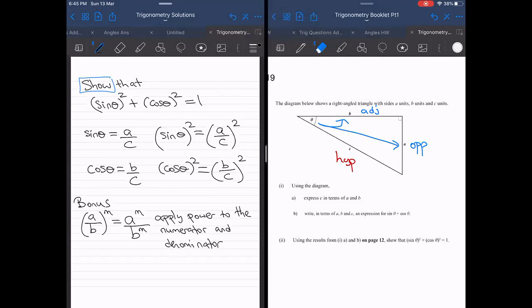So what do I mean by that? I'm saying that this sine theta squared, which was A over C squared, is going to become A squared over C squared.